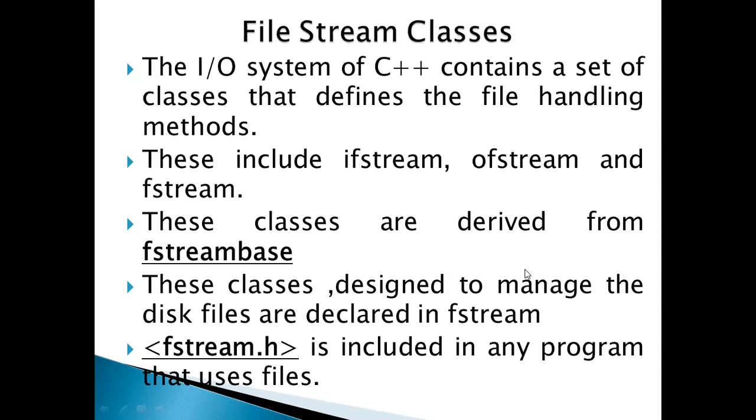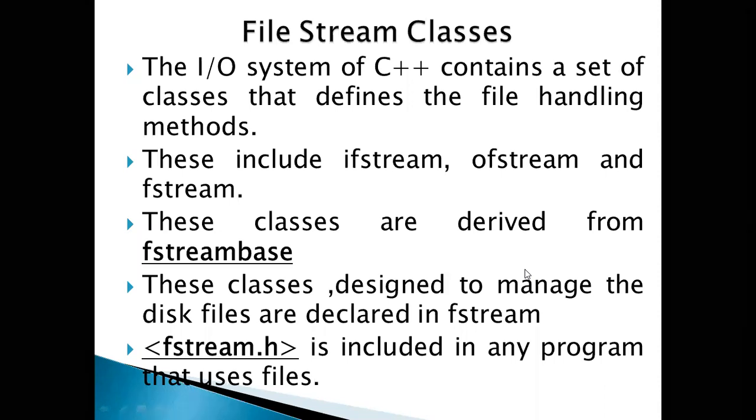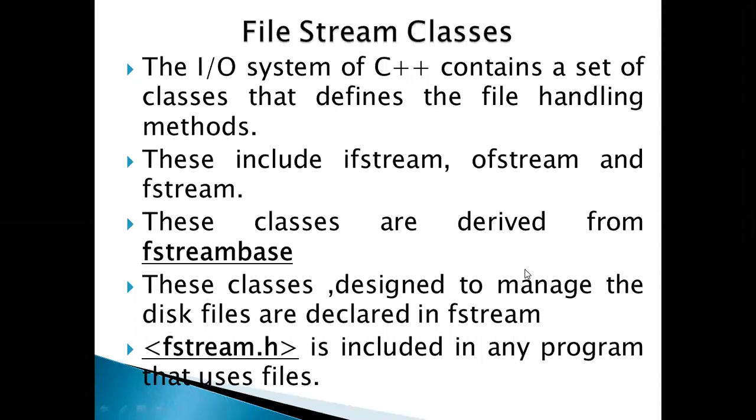Stream is a flow of data. If you are directing data to a file, sending some data to a file, that would be with the help of an output file stream. If you want to read data from a file, it would require an input file stream. And if you want to do both these tasks simultaneously, then we have a file stream for that.